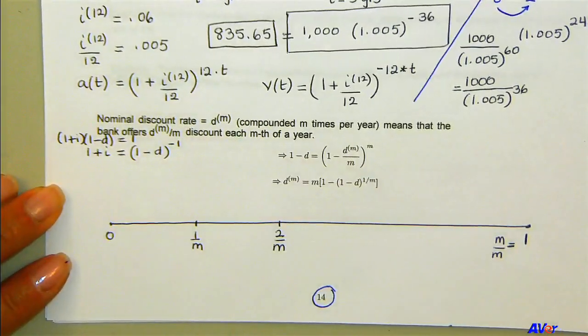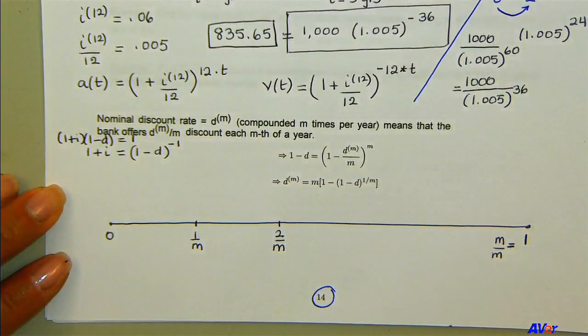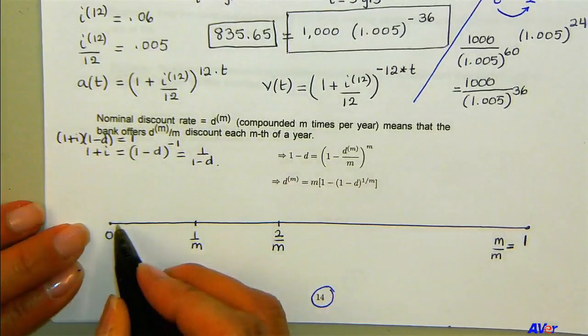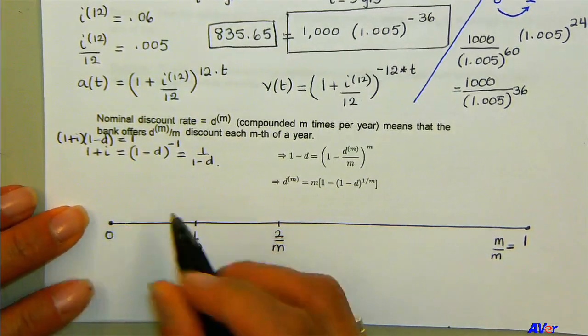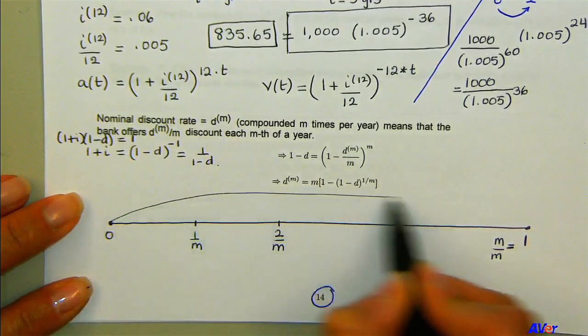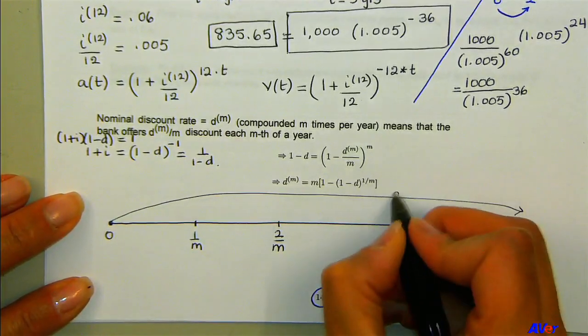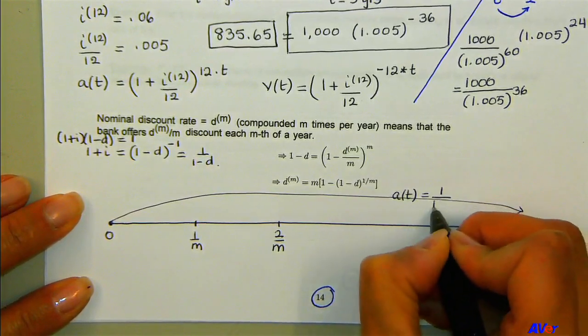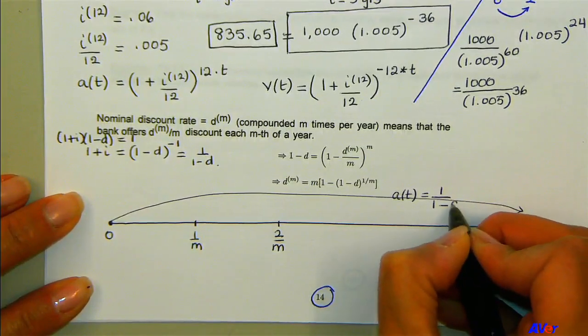That we know, right? So 1 plus i equals 1 over 1 minus d. So if I were to start here, I would see that the A of t function is equal to 1 over 1 minus d.